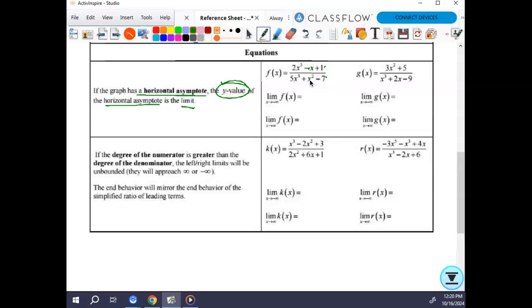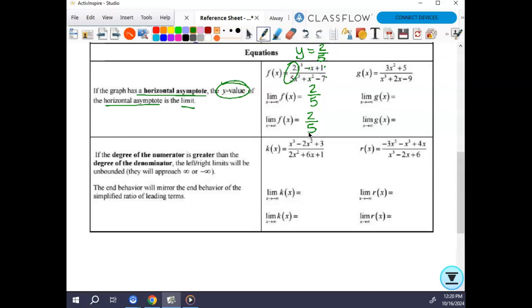They're growing at almost the exact same rate, with just a tiny difference that's irrelevant. That's why we look at just the ratio of the leading coefficients here, and we get y equals 2/5. And without looking at anything, I know that since the horizontal asymptote is at 2/5, whether I'm going to negative infinity or infinity, my y value is approaching 2/5. Okay.